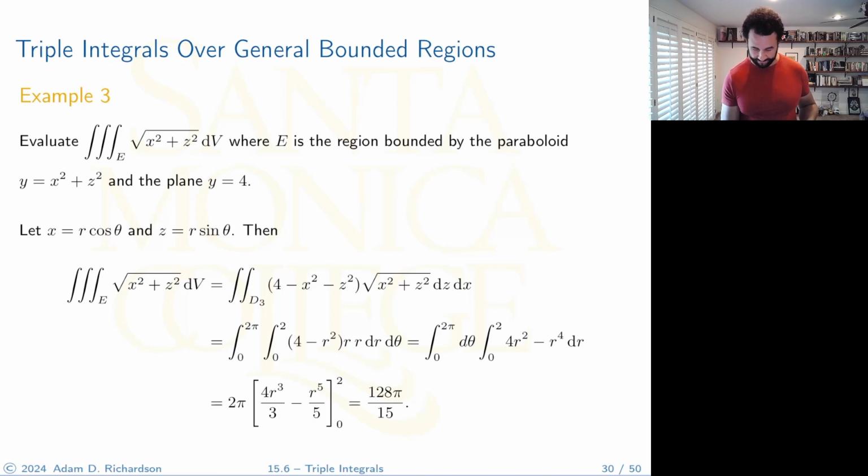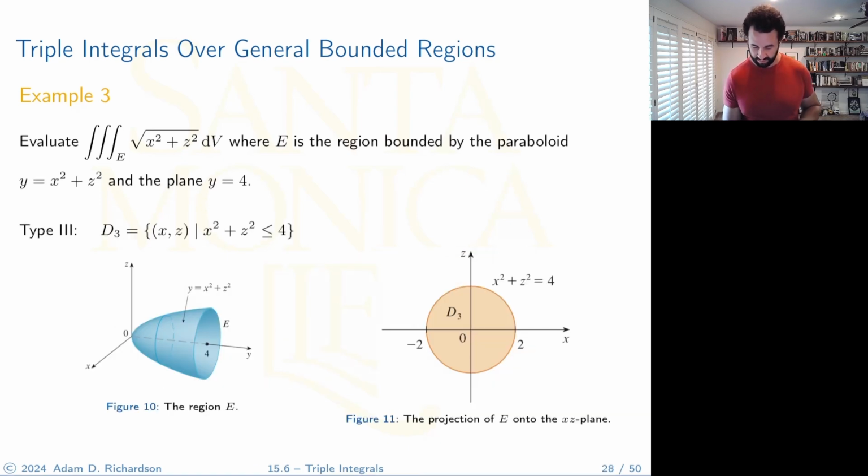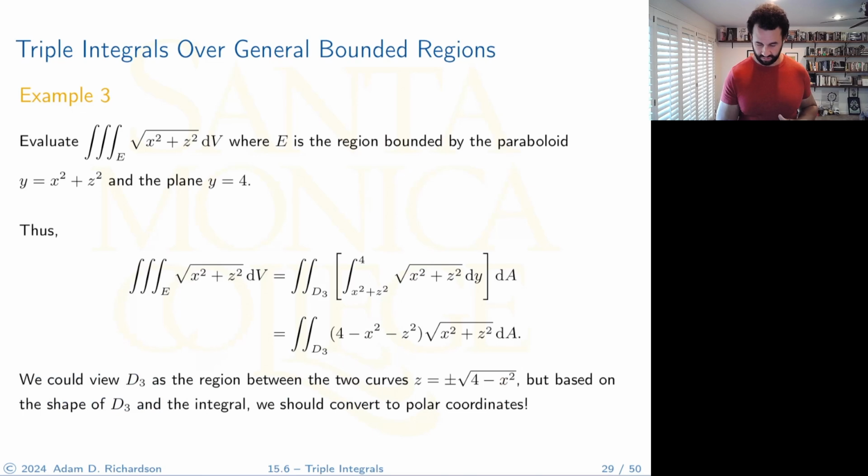How do I describe D3? Well, we're going to do a change of variable. We're going to convert to polar coordinates. We're going to let x be r cosine theta and z be r sine theta, because we're on x and z. So x is r cosine and z is r sine.